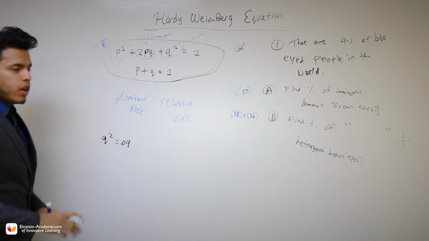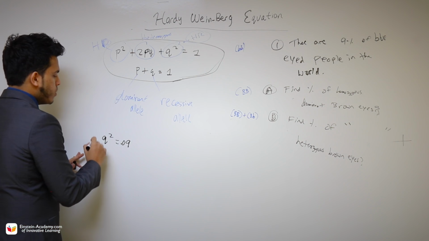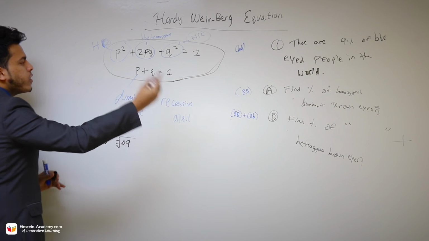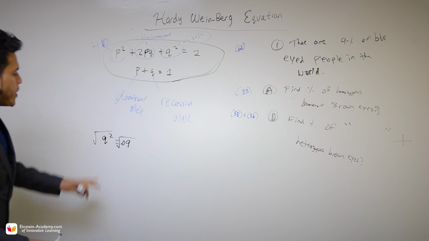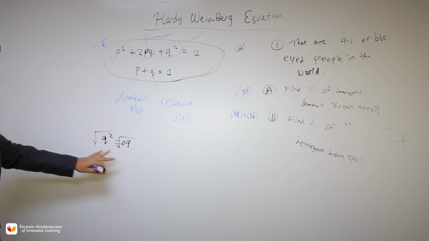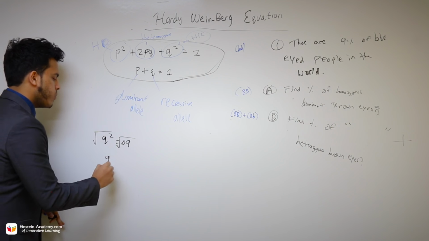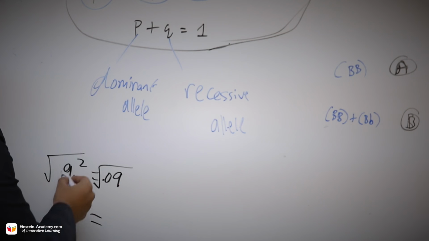What do you do next? Don't do anything. Only square root this, okay? Don't start to say, okay, let me go ahead and play around with this and rearrange this, let me do some basic algebra. No, don't do that. As soon as you find q squared, you can go ahead and take the radical of both of these and find the value of q. And you'll see why, okay? So radical q squared is equal to q.